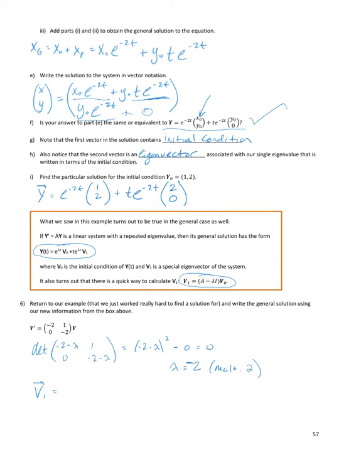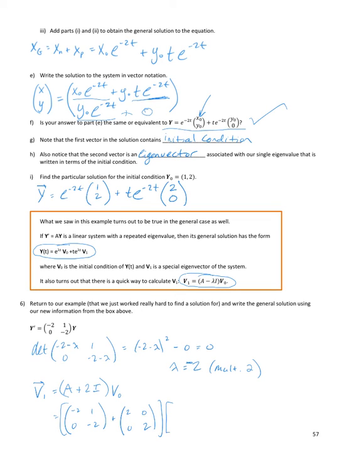V1 is A minus lambda I, and in this case lambda is negative 2, so A plus 2I, times v naught. So A plus 2I, so that's A, which is negative 2, 1, 0, negative 2, plus 2 times the identity, which is 2, 0, 0, 2.